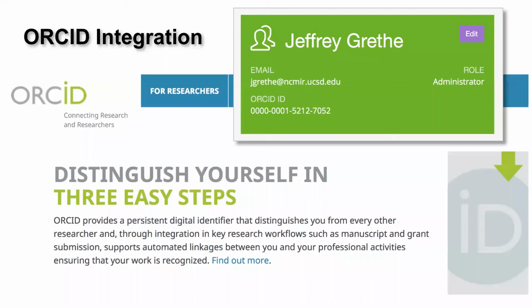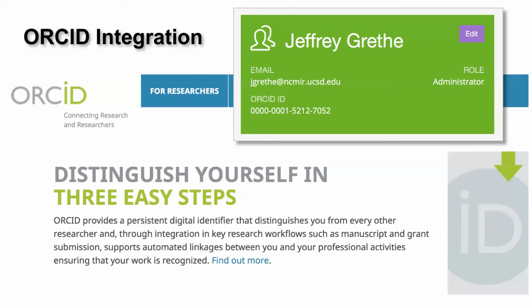Now, one of the other pieces I mentioned to the puzzle of this research information network is tying this into the creators of the resources, the publishers of the papers, and this is where integration with ORCID comes in.